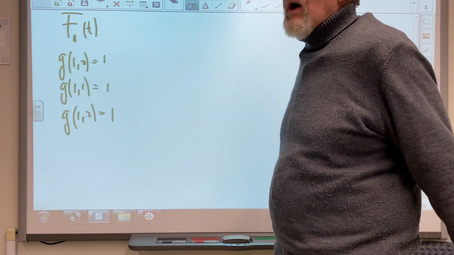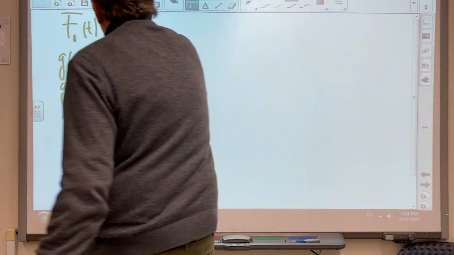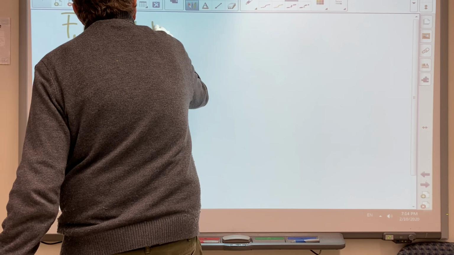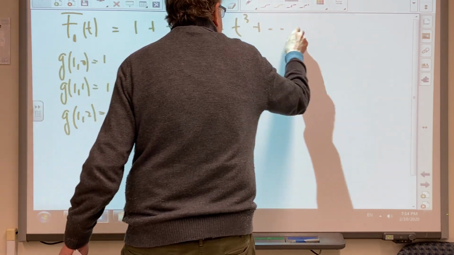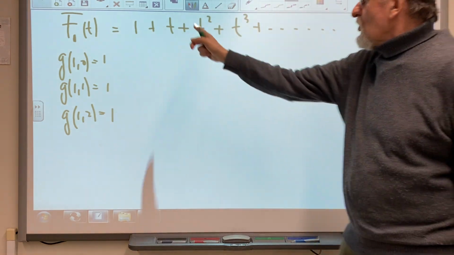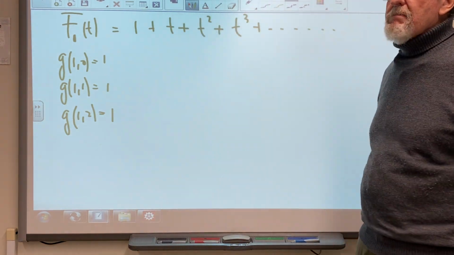So all these are ones. So the function f1 of t will be 1 plus t plus t squared plus t cubed plus and so on, because all these coefficients in front are the number 1.